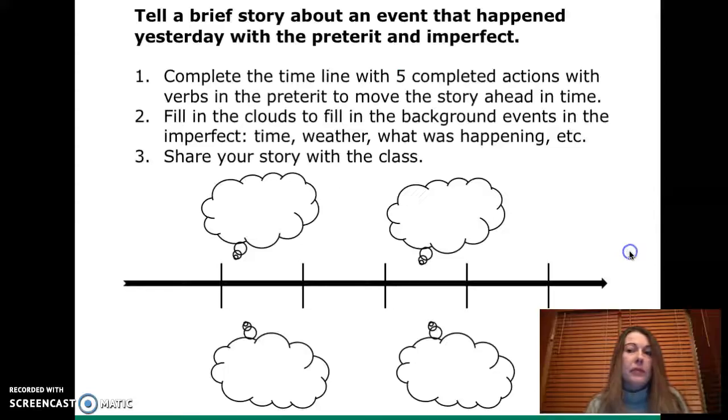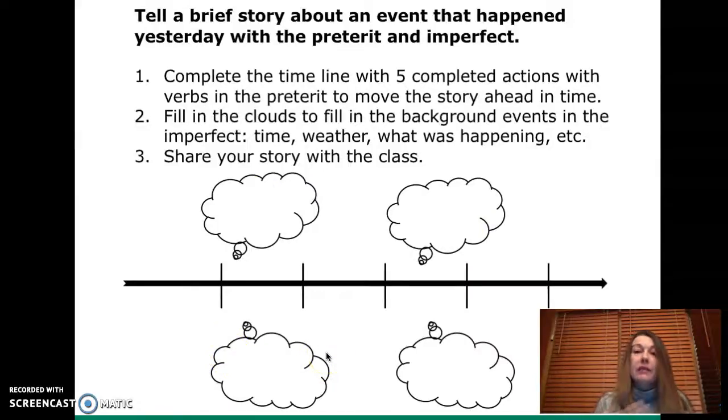So let's practice a little bit. Okay, what I want you to do is think about some events in the preterite and in the imperfect, okay? So you are going to fill in the clouds with the background events. These background events are going to be your time, your weather, okay? What was happening before the actions occurred?